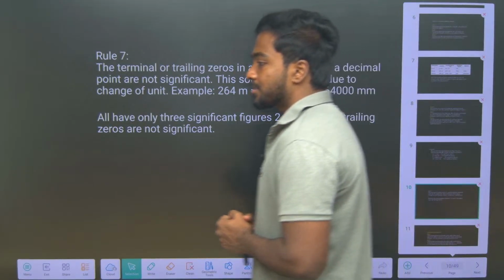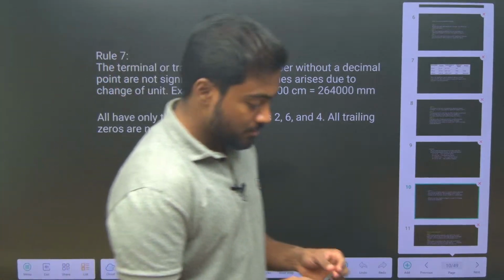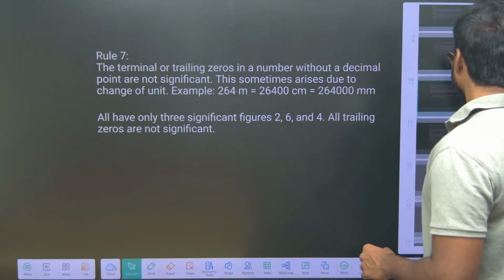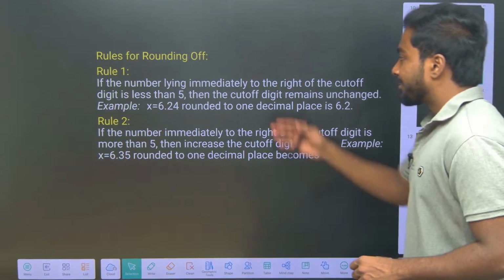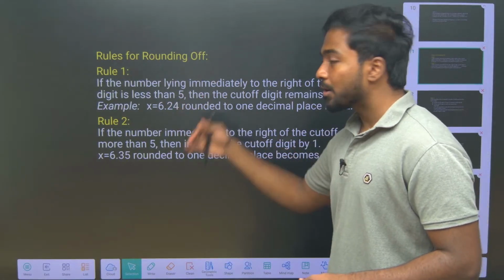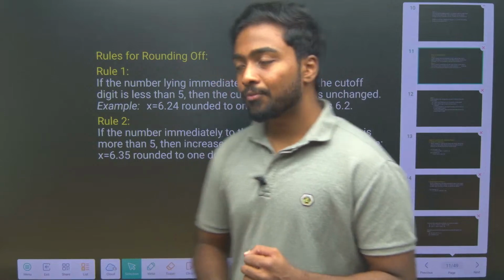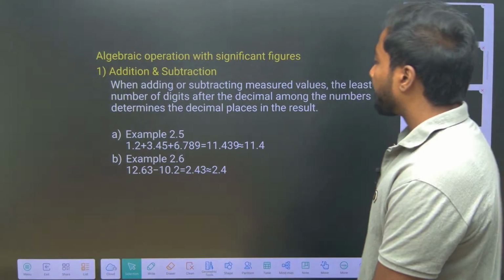So these are the 7 rules we have seen for the significant figures. And we have seen how to round off the significant figures, if it is less than 5, more than 5, or equal to 5. Then we have seen the algebraic operations.